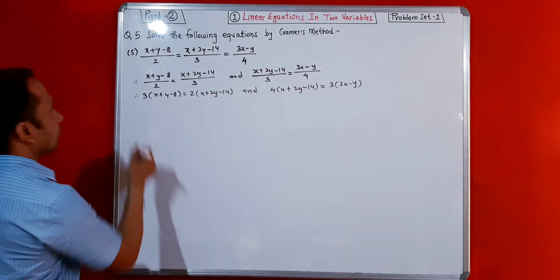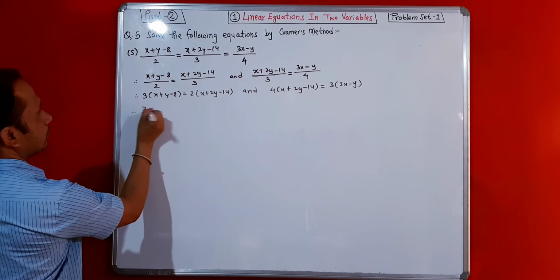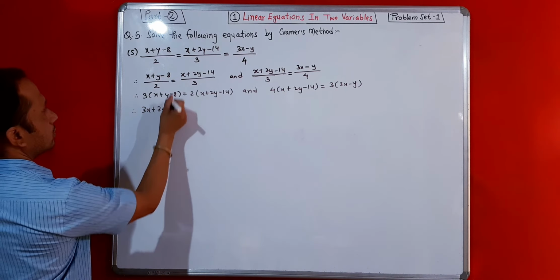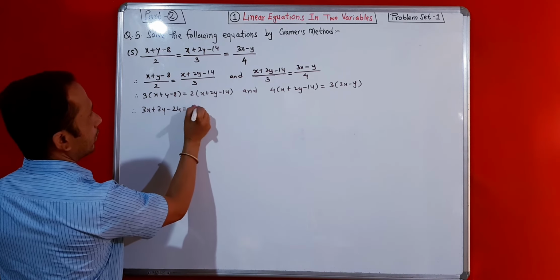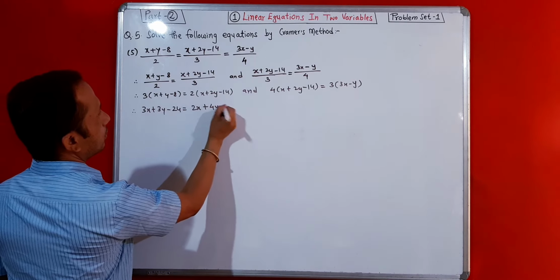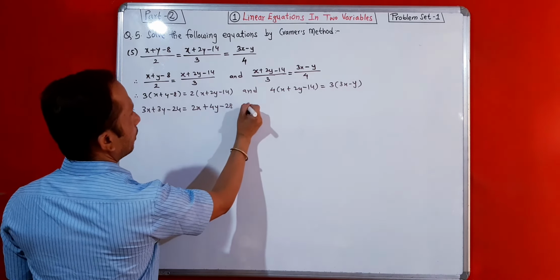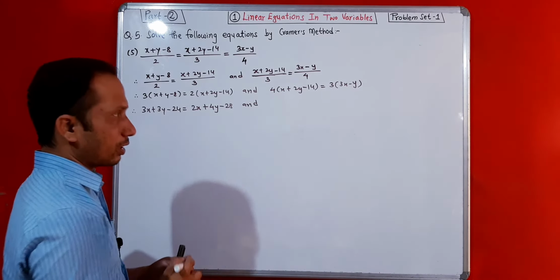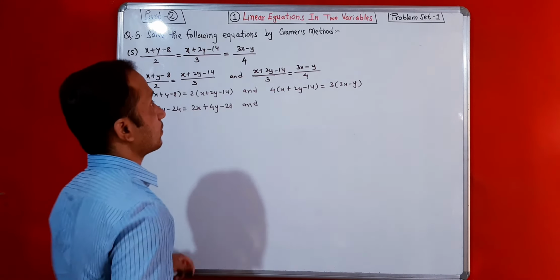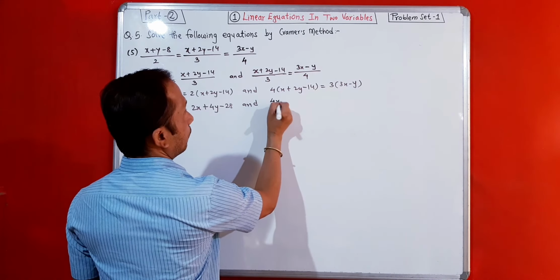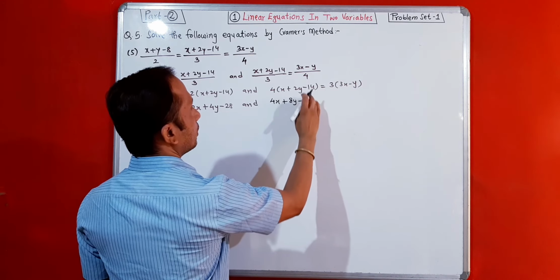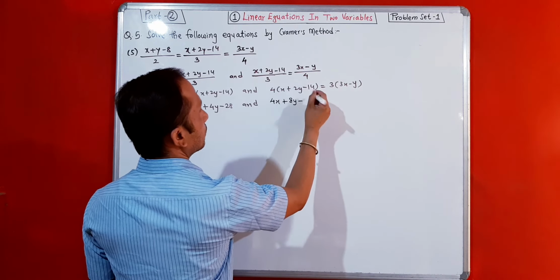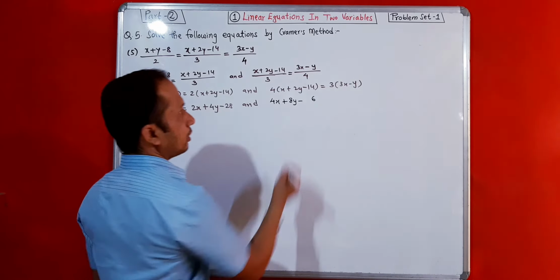Therefore you'll get 3x plus 3y minus 8 3s are 24, and here 2x plus 4y minus 28. We are solving this simultaneously because we have very limited space. 4x plus 8y minus 14 4s are 56.